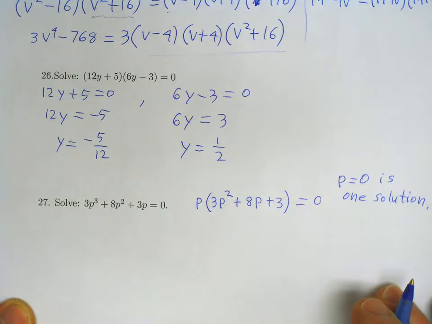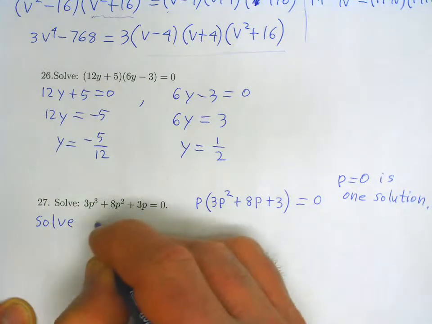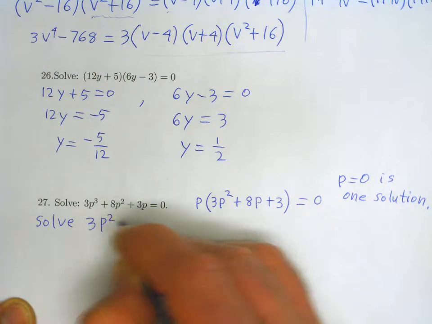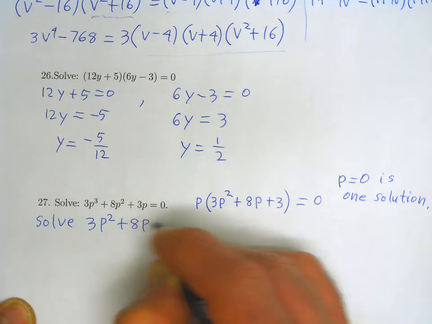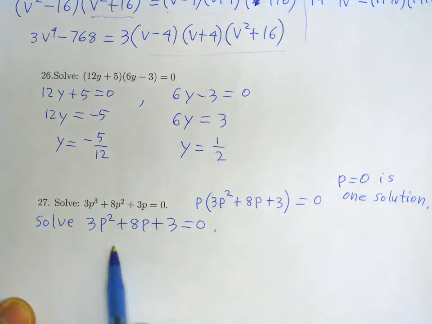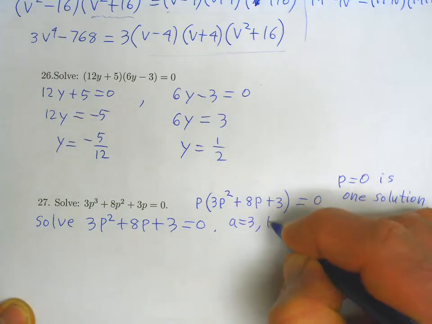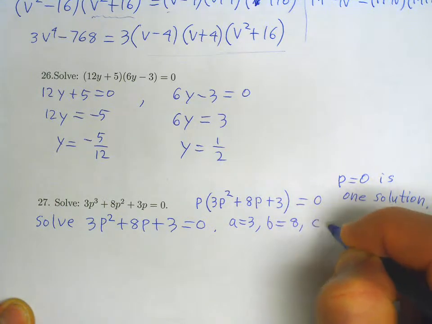It's one solution. To find the remaining solutions, we have to solve 3p to the second plus 8p plus 3 equals 0. So we can use the quadratic formula where a is 3, b is 8, and c is 3.